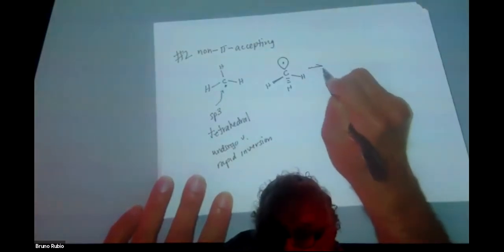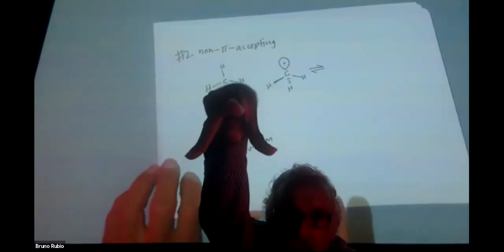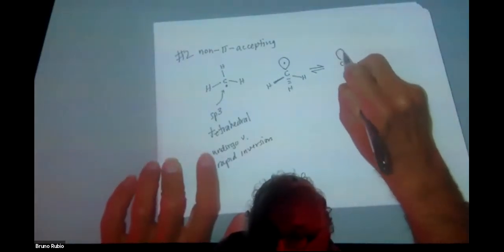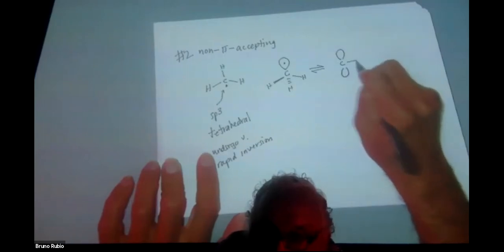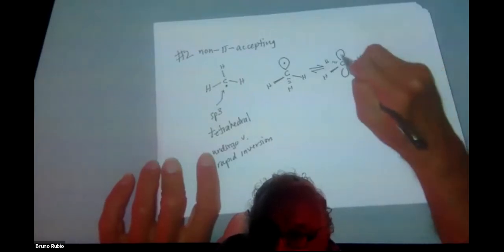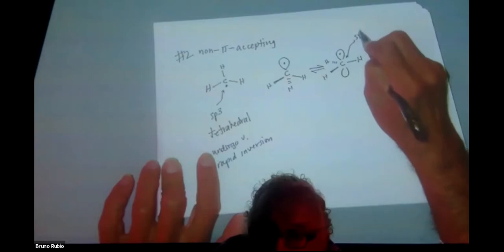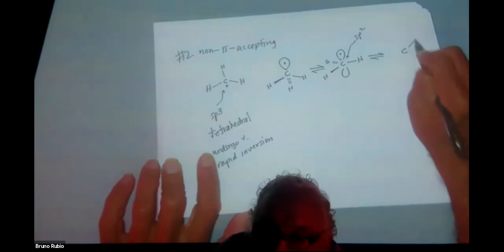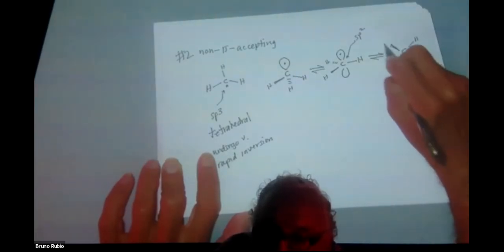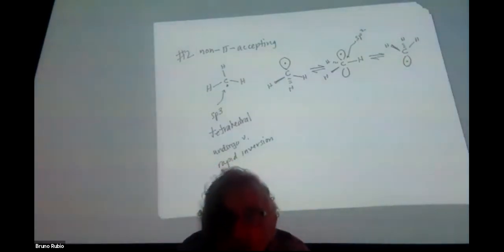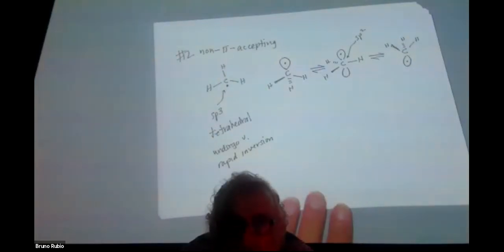So this tetrahedral radical, with the chicken feet pointing down, goes through an inversion where it becomes an sp2 planar species, and then finishes up this inversion by being a radical where now it's legs up in the barnyard.